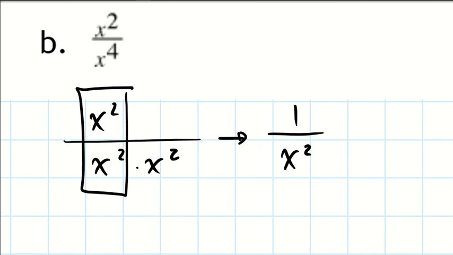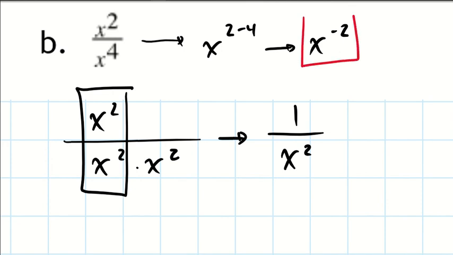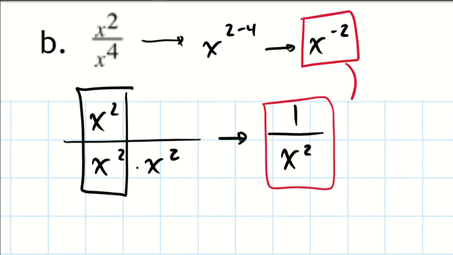And if I do this with the simplification rules, this becomes x to the 2 minus 4, which is x to the negative second power. So here's our second example of this. x to the negative second is 1 over x to the second. Again, we're looking at the fact that a negative exponent is just indicating a reciprocal, or you can think we're dividing by x squared.